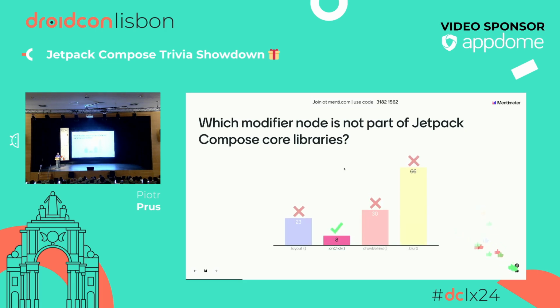On-click, guys. All right, so let me explain that to you. There is no on-click modifier. The modifier is clickable, which has an on-click parameter. Come on, this is a trivia contest.